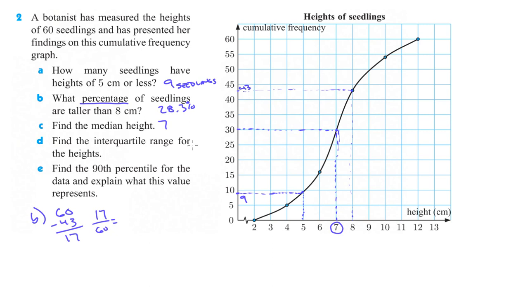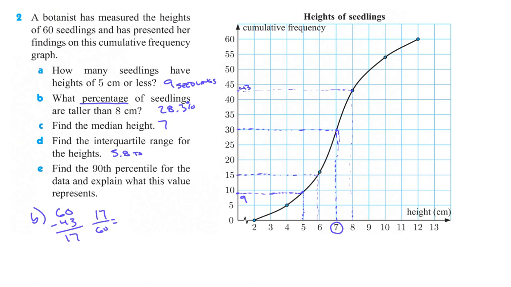Find the interquartile range for the heights. If the median is 30, half of 30 is going to be 15. That's going to be our quartile 1, which is about right here. I'm going to call that about 5.8.